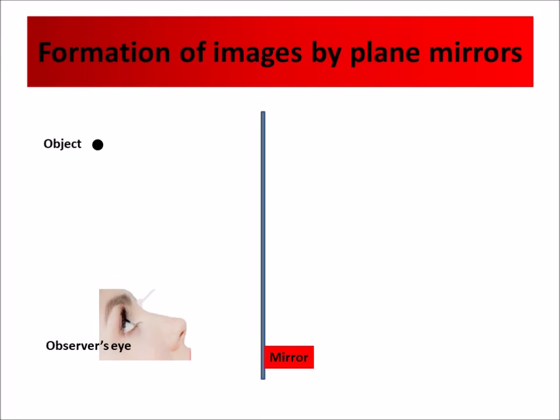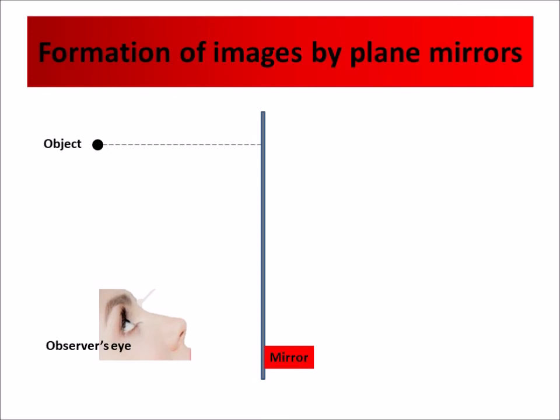So after drawing this, we want to now locate the position of the image using the property that distance between the object and the mirror equals the distance between the mirror and the image. So using your ruler, measure the two distances and mark as shown in the video.